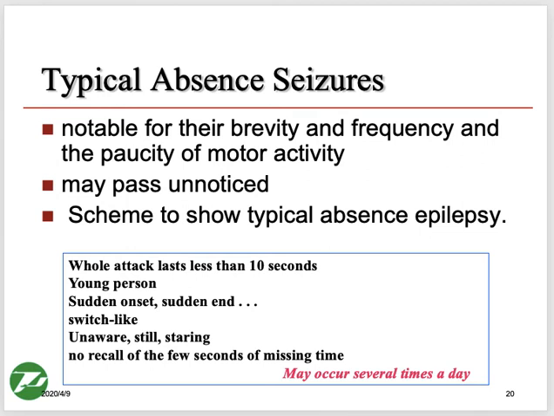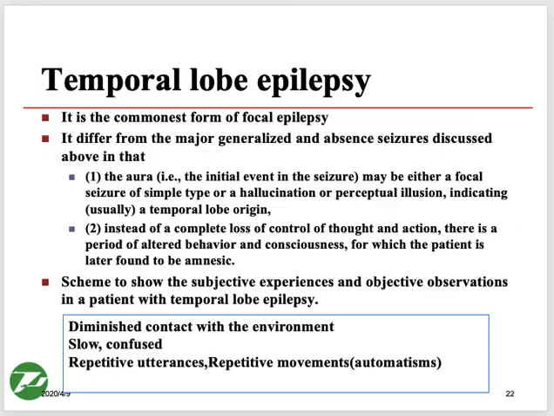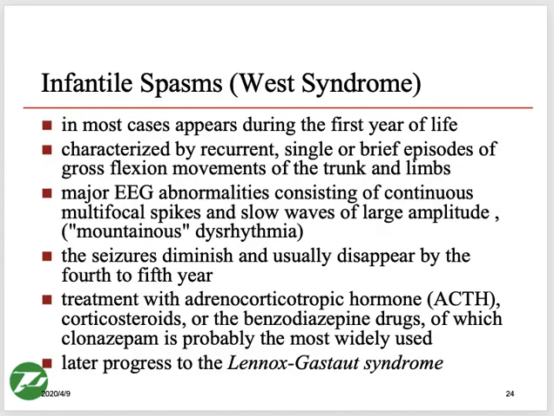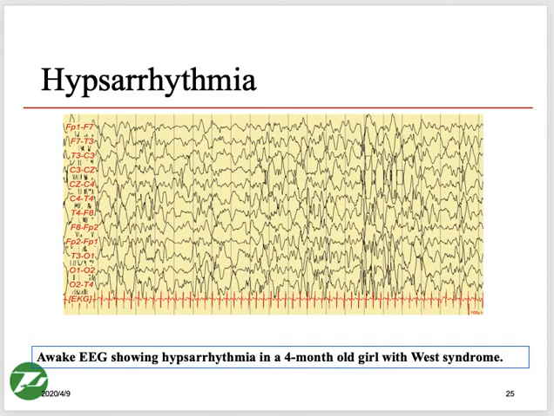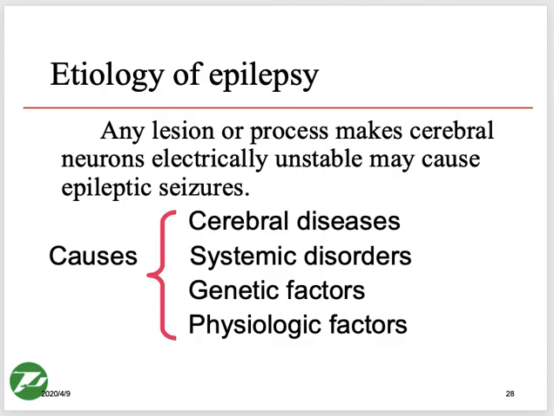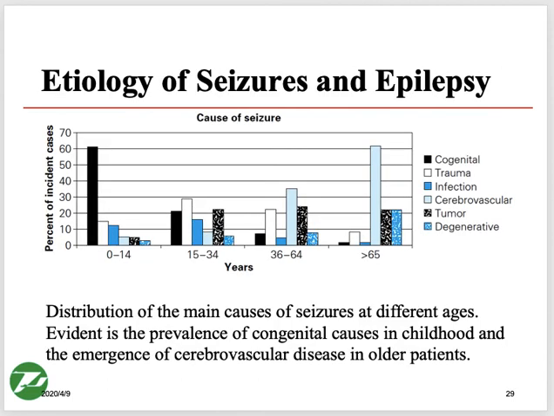I already explained these things, but again I'm just scrolling down the slides. This is what I was talking about, temporal lobe epilepsy. They have gustatory or auditory hallucinations, and these are different. These syndromes I'm not talking about right now, because we are going to talk about them in pediatrics, all these syndromes are basically the pediatrics part, not here.